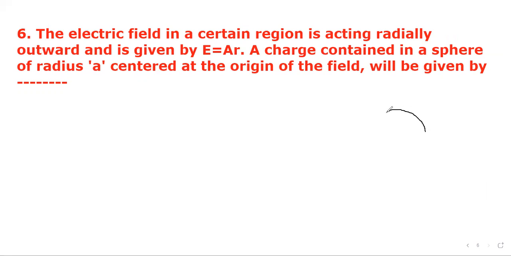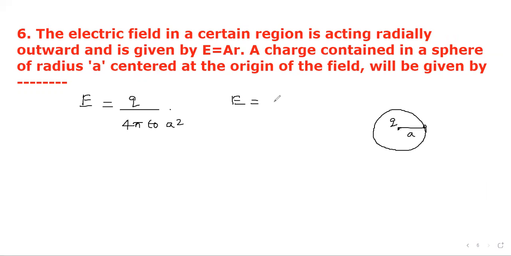So here we are given a sphere whose radius is a, charge is Q. So the electric field at the surface will be given by Q divided by 4 pi epsilon naught a square. And here we are given the electric field as A into r. Here r is distance, so at the surface it will be a.